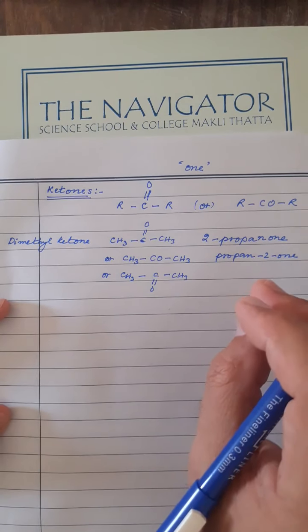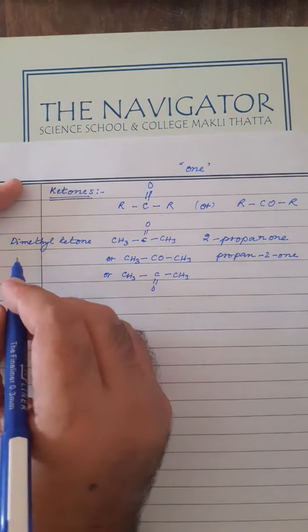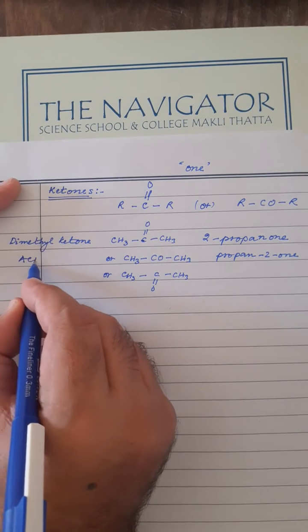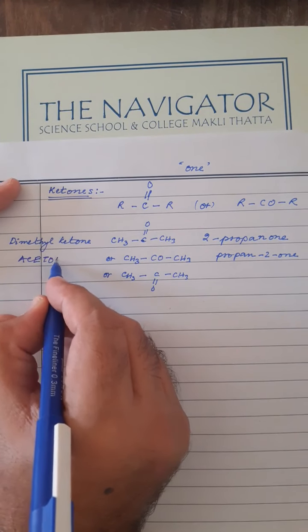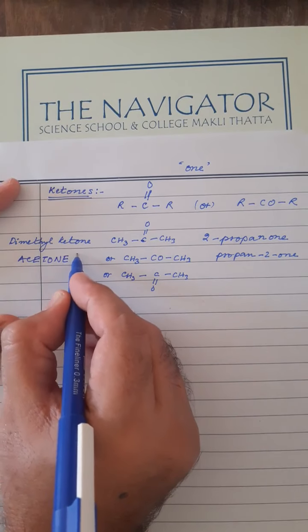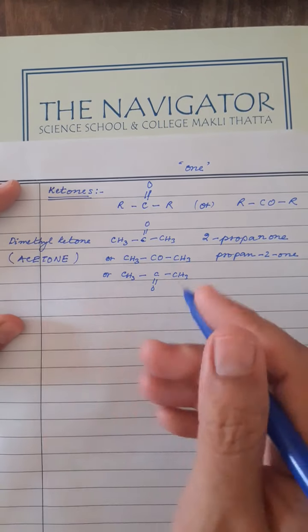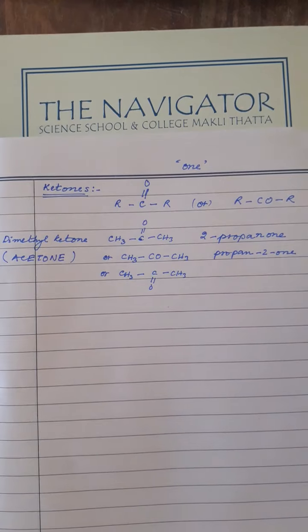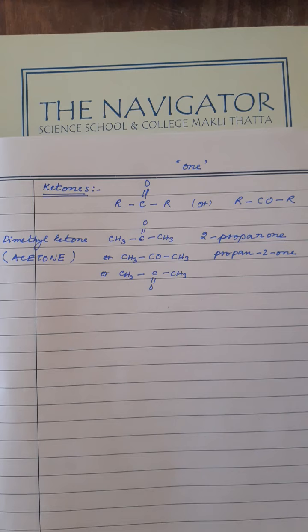All right. So 2-propanone or propane-2-one, also called dimethyl ketone, is the most important ketone, the most basic ketone, and the most famous ketone. It is called basically acetone. The commercial name of this compound is acetone. When I say commercial name, like if you go buy this chemical from the market, and if you ask them for 2-propanone or propane-2-one or dimethyl ketone, they won't respond to you because this is called acetone.